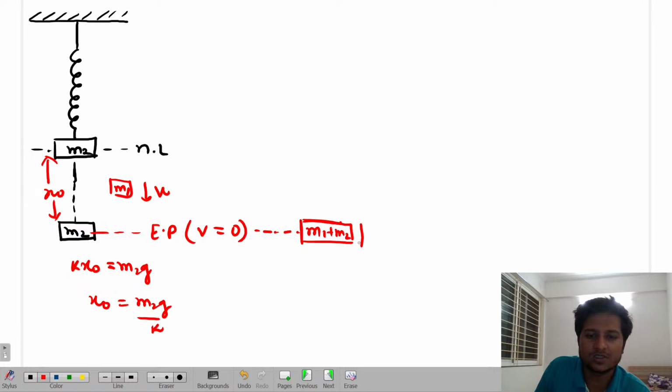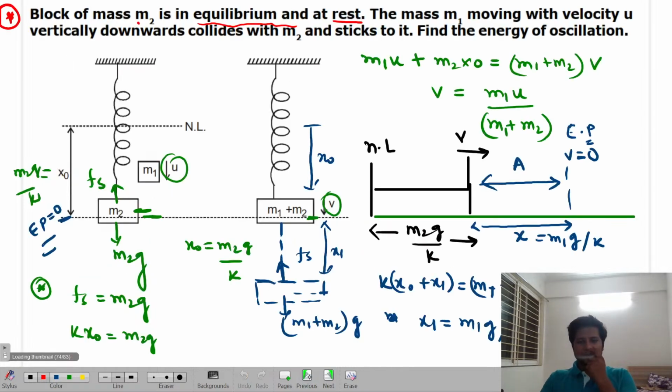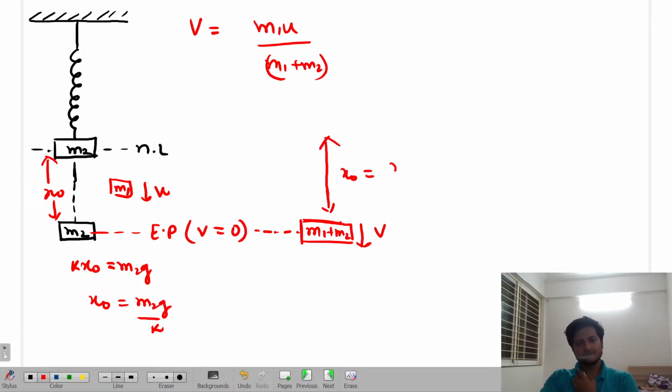So m1 plus m2 will have a different velocity. That velocity I found out right now, which is m1u by m1 plus m2. Got it? So till that point expansion was x naught, which is m2g by k.